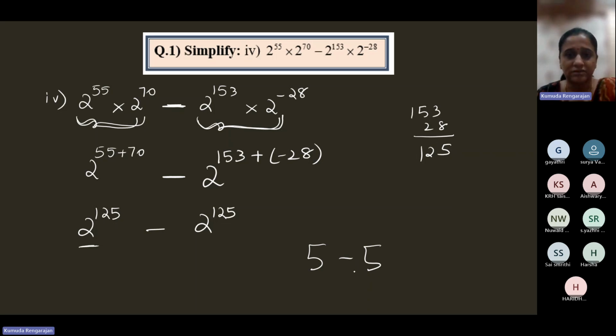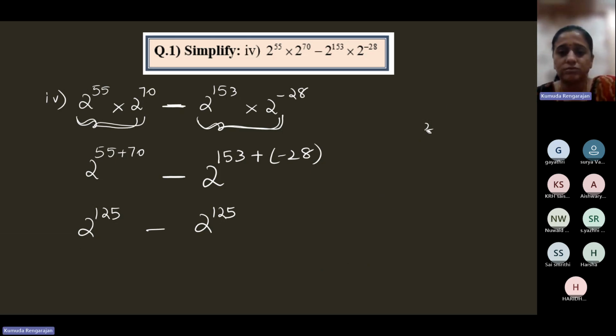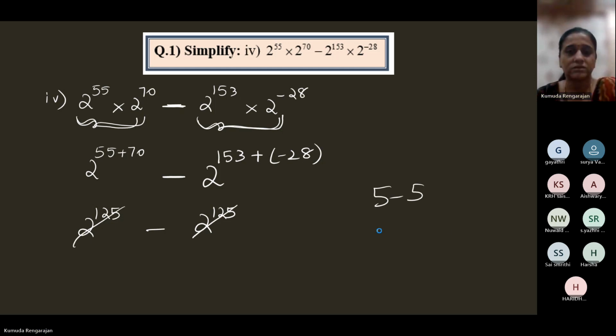So 2 to the power 125 minus 2 to the power 125 is 0. You can just cancel like this. So the value of this expression is 0.